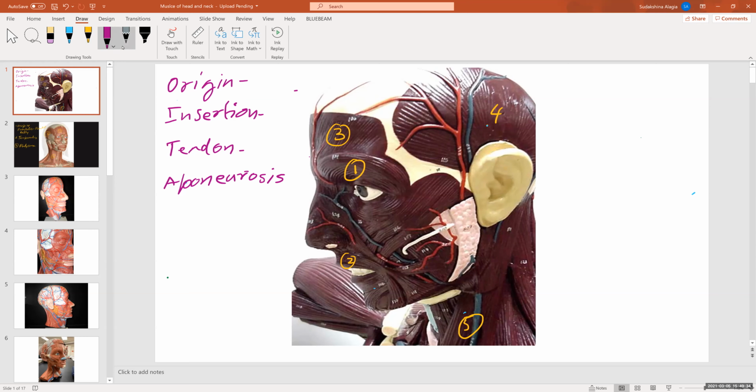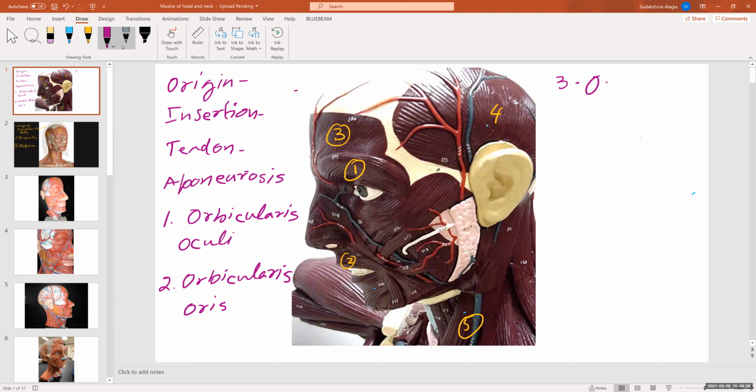Okay, so what you can see here, one, we can see orbicularis oculi. Number two is orbicularis oris. Number three, we have occipitofrontalis, frontal belly.